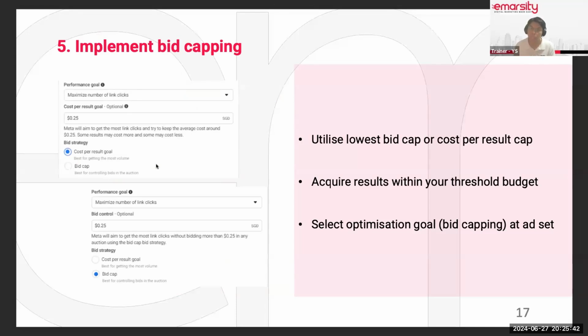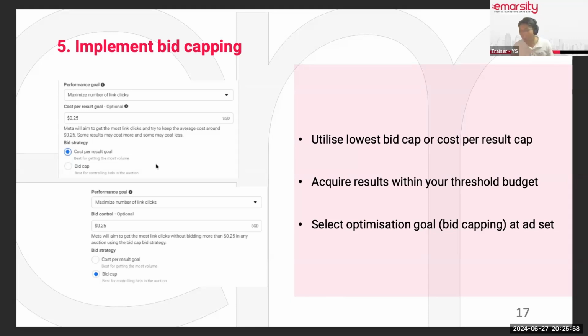What this means is, when you don't set a price for how much you want to bid per result, what ad platforms will do, for example Google Ads, is bid whatever they deem fit.